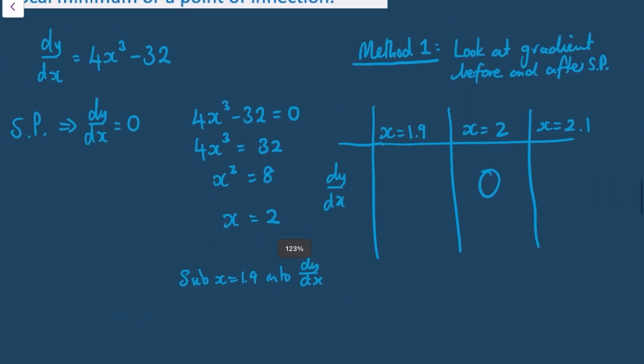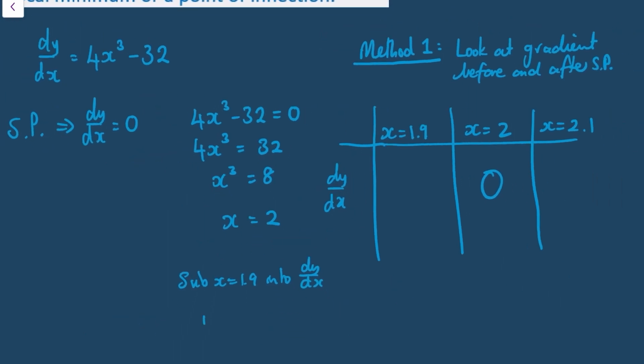Okay, so 4 times 1.9 to the power of 3 minus 32, and I get an answer of negative 4.56. So the gradient is negative, which means the shape is going to look like this.